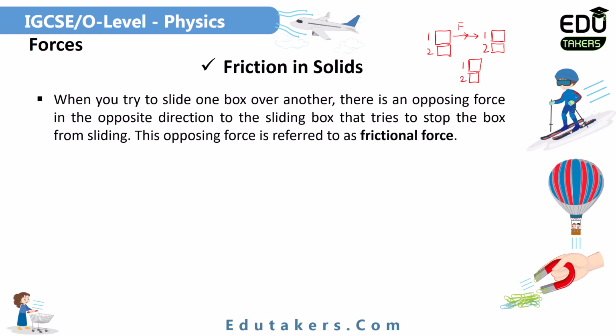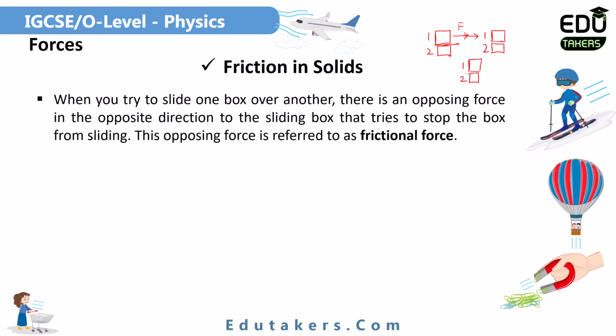So why is this object not sliding over the other? It is because between both of these surfaces that are facing here, there is a friction present between them. Because of this friction, the objects cannot easily slide over each other, because the effect of the friction is that it slows down the moving object as well as opposes the motion of the moving object.